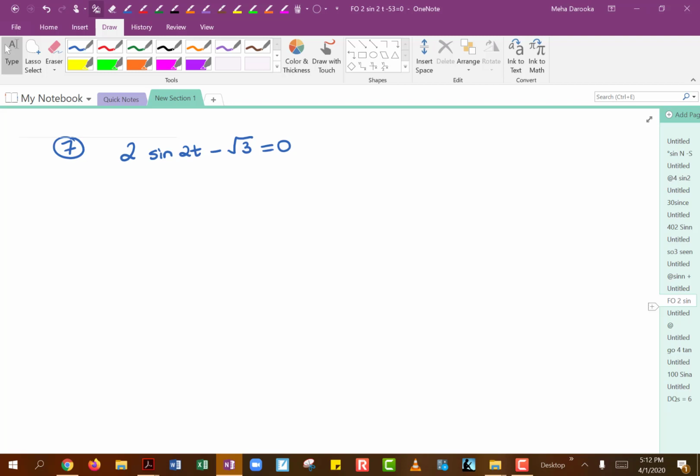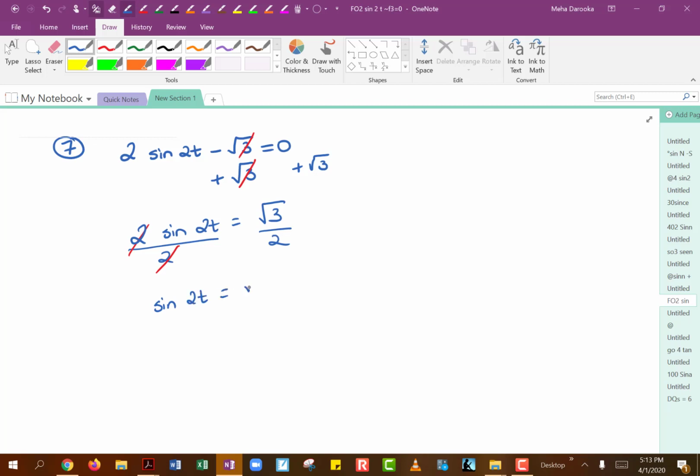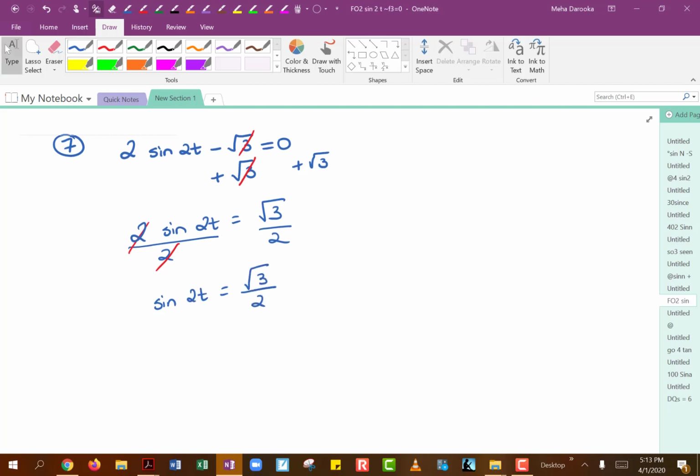Start by isolating the sine of 2t, which means the first thing we're going to do is add square root of 3 on both sides, which will leave us with 2 times sine of 2t equals positive square root of 3. And then of course divide everything by 2. So now we are left with sine of 2t equals square root of 3 over 2.